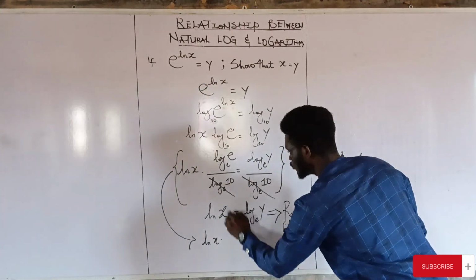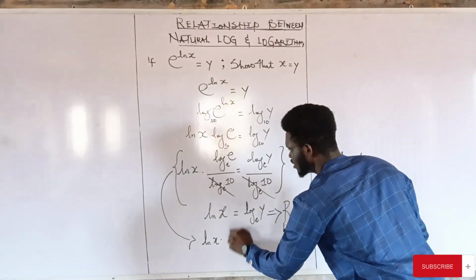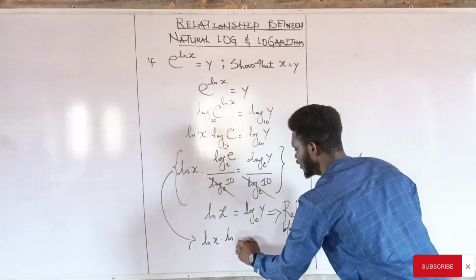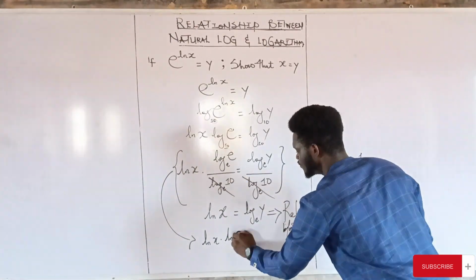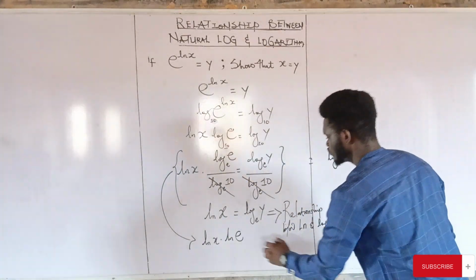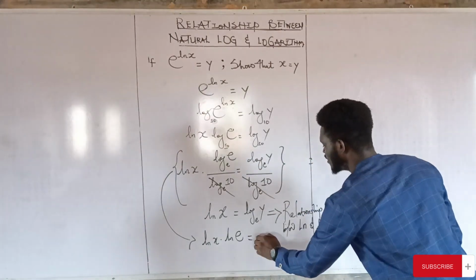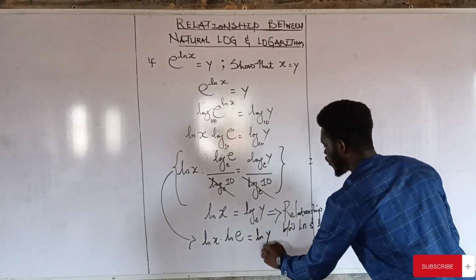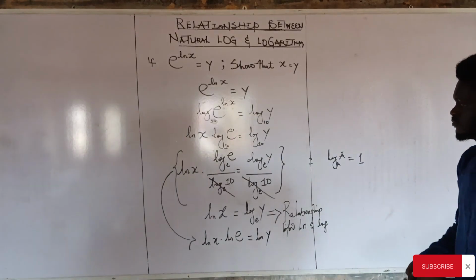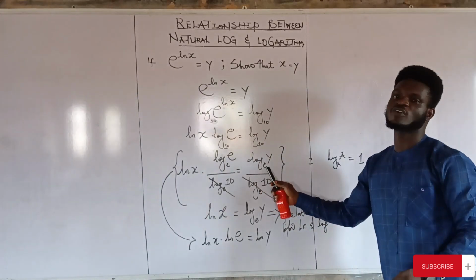Then don't forget this one has cancelled out automatically. So we have ln e equals ln y, because log to the base of e is ln.